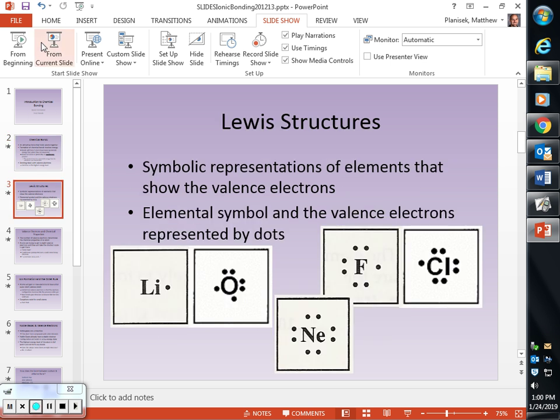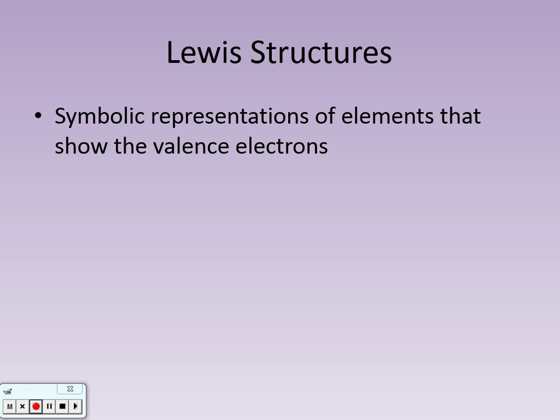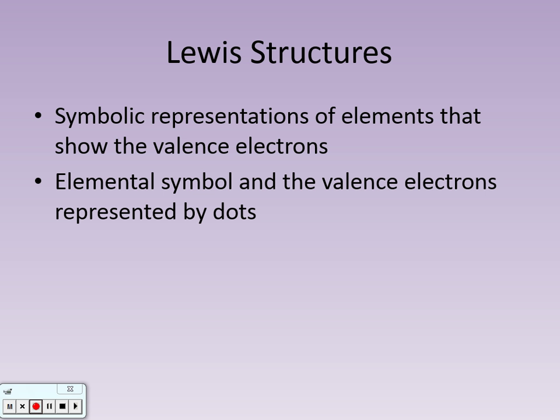So, we write Lewis structures to show the valence electrons that an atom contains. A Lewis structure consists of the symbol for the element and a dot or dots to represent the valence electrons.